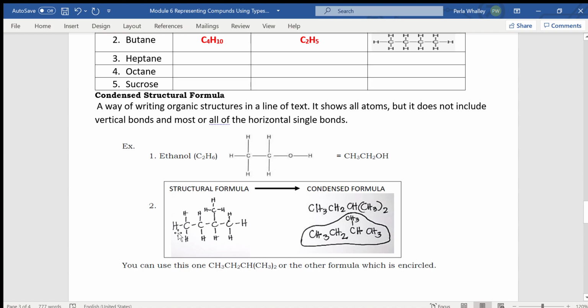So 3 hydrogen. For the next, we have CH2 and then CH, CH, and then you just put a bond here because it is a branch, and then count this CH3. And then the last one is CH3. That is the condensed formula.